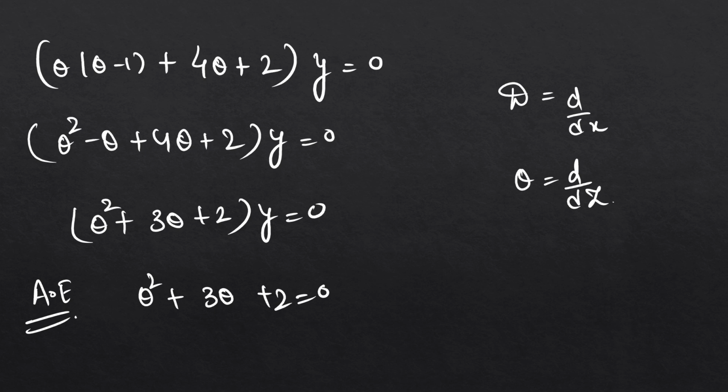We will find its roots. So similarly we can write theta equal to m. So I will get m square plus 3m plus 2 equal to 0. If you are able to make a factor, you can easily factorize it. If you are not able to make a factor, you can use the discriminant method to make the factors of this equation.